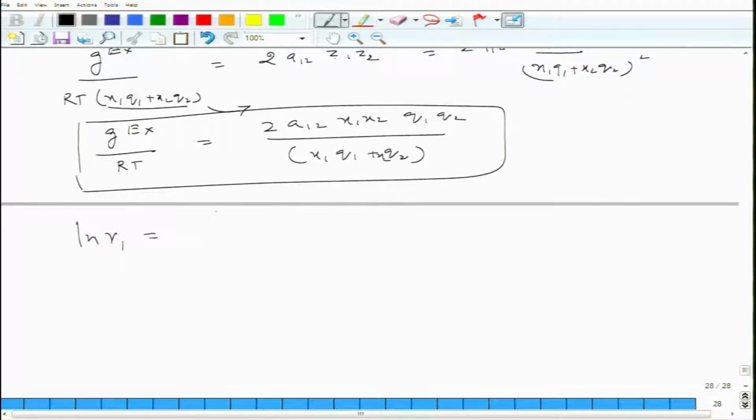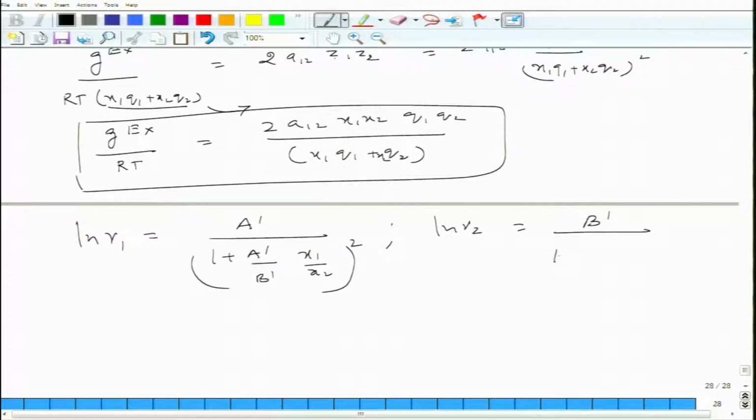So, I am not deriving it, I get the following expression: ln gamma 1 is A dash times (1 plus A dash x1 by B dash x2) to the power minus 2, and ln gamma 2 is B dash times (1 plus B dash x2 by A dash x1) to the power minus 2, where A dash is 2 Q1 A12. Remember that A we referred to earlier also as the interaction parameter.